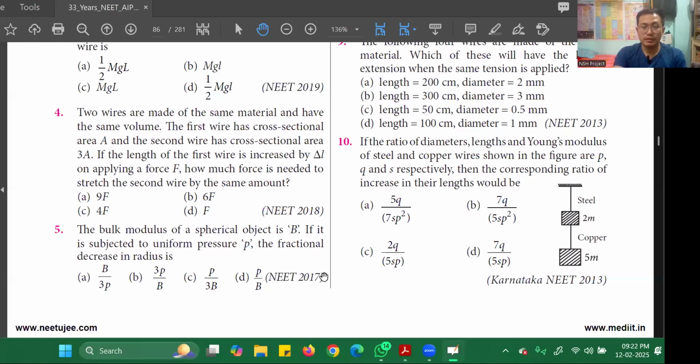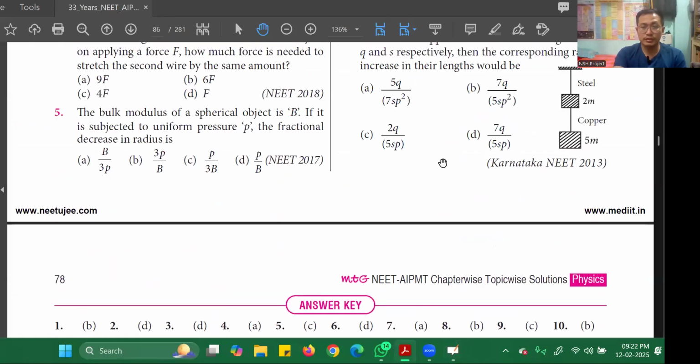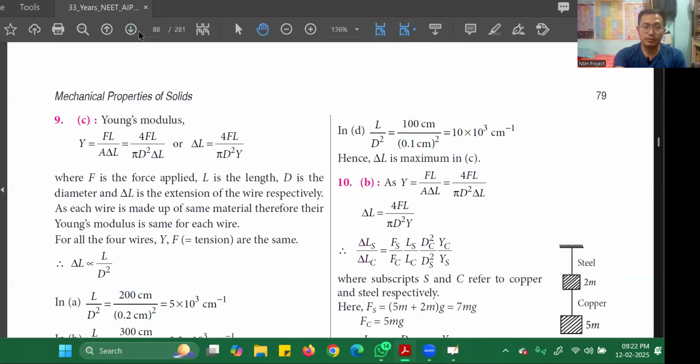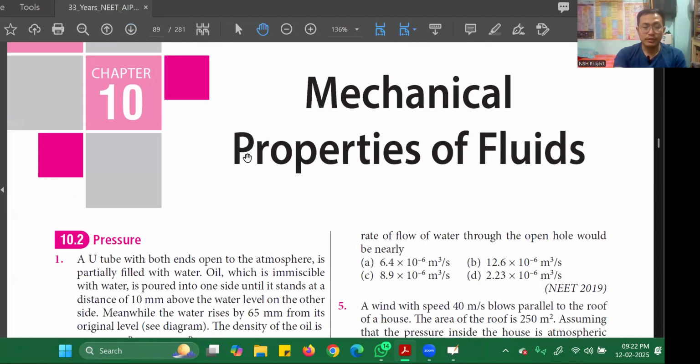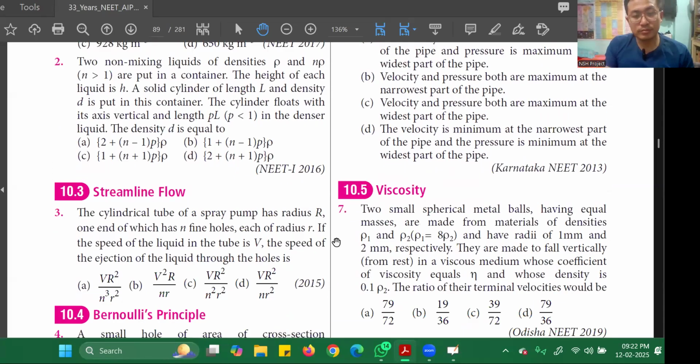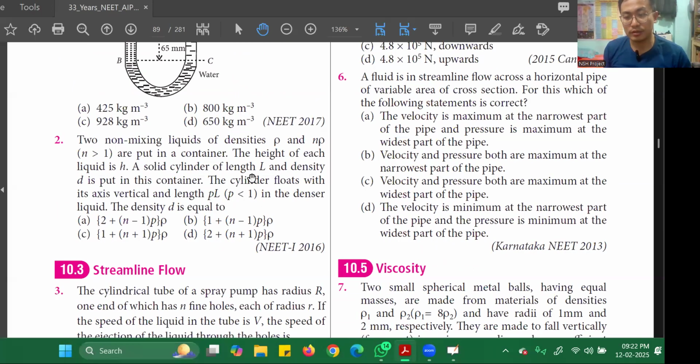So now the next question is option number b, and we have chapter mechanical properties of fluids.